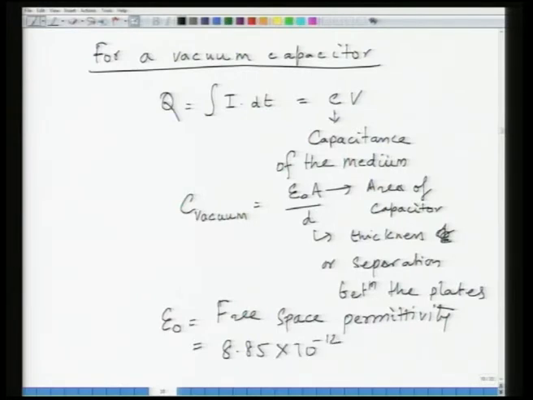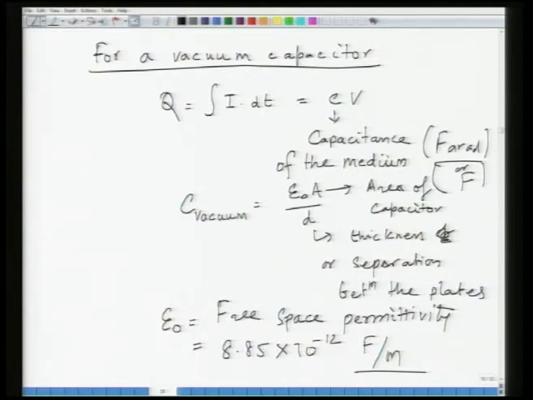So, the unit here is, capacitance is defined in what is called farad or F. So, epsilon naught would be farad per meter. Okay. So, this is a scenario for a vacuum capacitor.